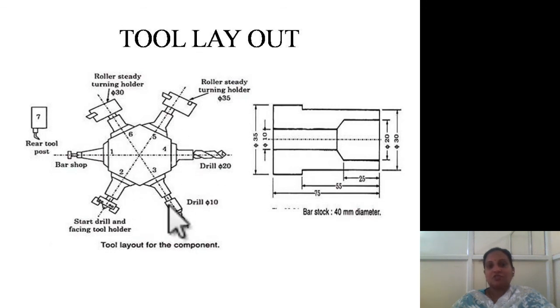It means which tool should come first and which tool should come next. And another thing is, based on the component which we are manufacturing, we even take the cutting tool from the stores. So based on the operation which you want to perform, we can arrange the different types of tools here.